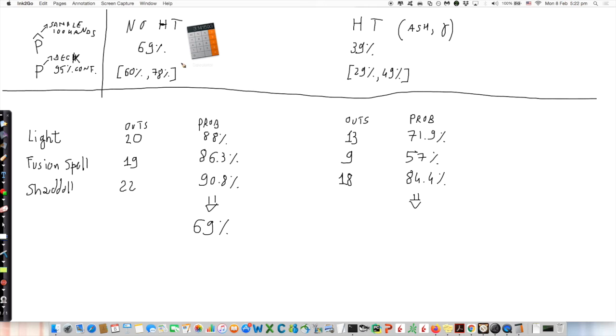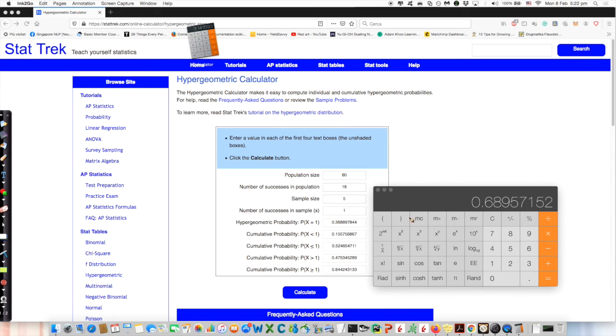I don't know why I have this icon of the calculator now, but you know, this is one of the mysteries of the Mac. Let's do the same computation here. Let's see what we get. So now we have 71.9 times 57 times 84.4, I think it was, right?